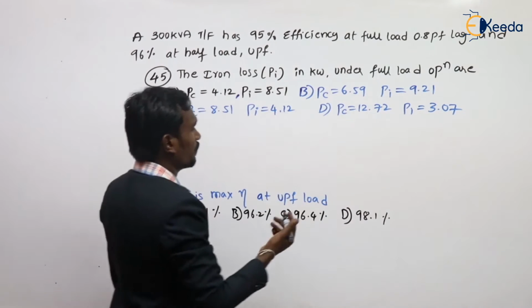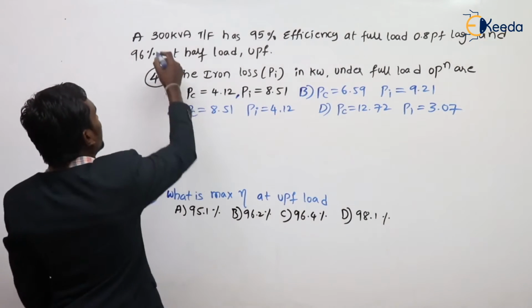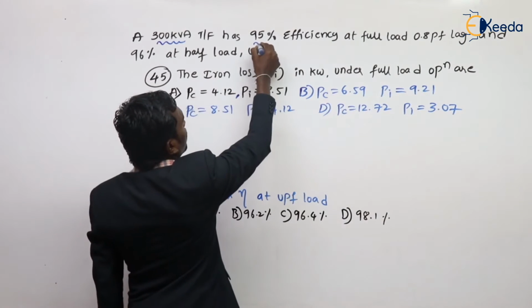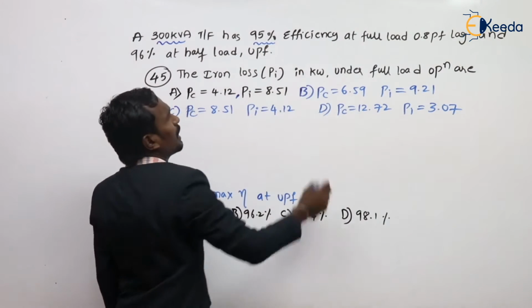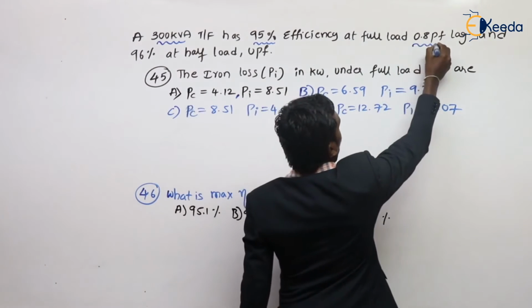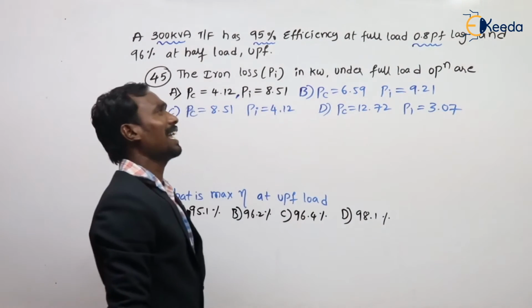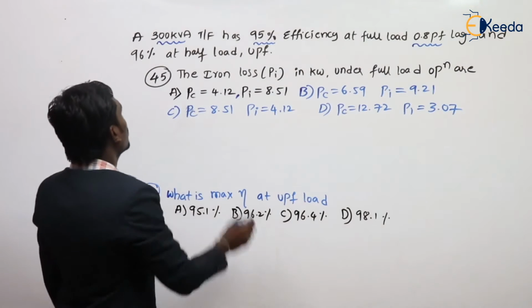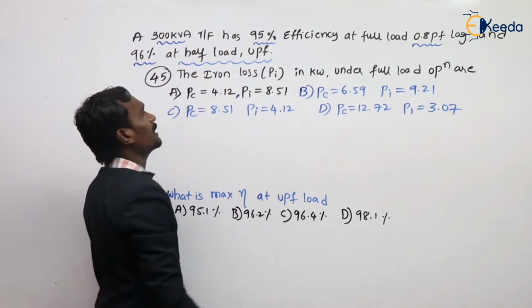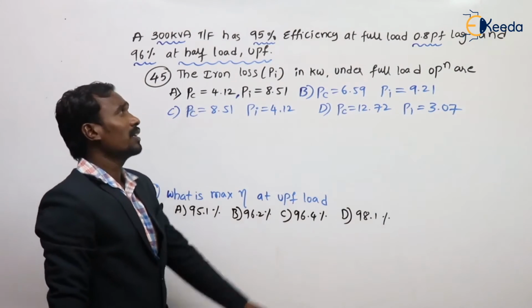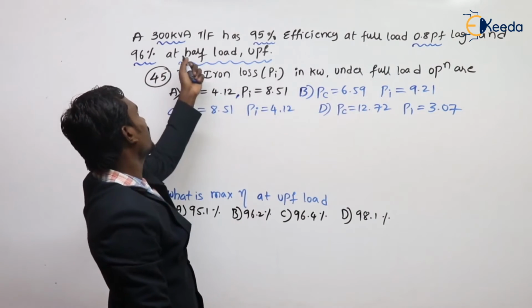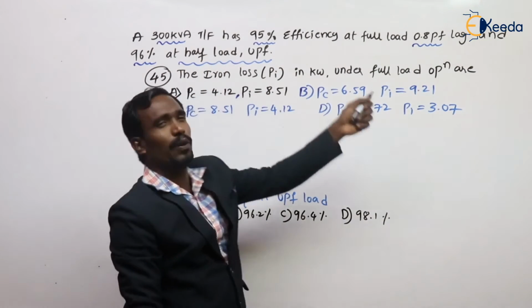So see here, a 300 kVA transformer has 95% efficiency at full load, 0.8 power factor lagging, and 96% at half load, unity power factor.